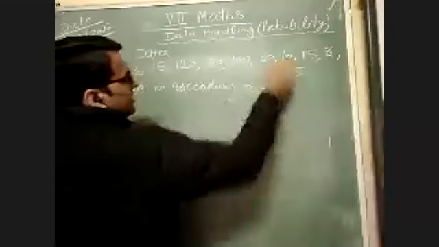The next value is also 10, then 15 and 15, because 15 is repeating 3 times in this question. The next observations are 50, then 80 and 100, and the last observation is 120.